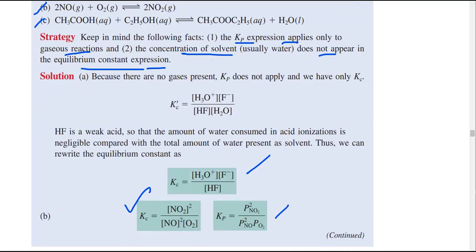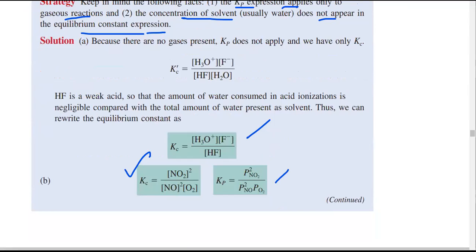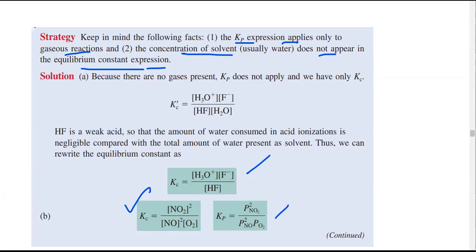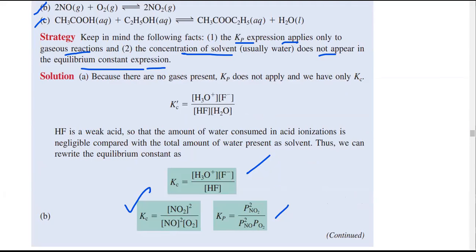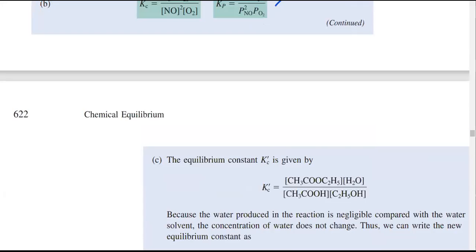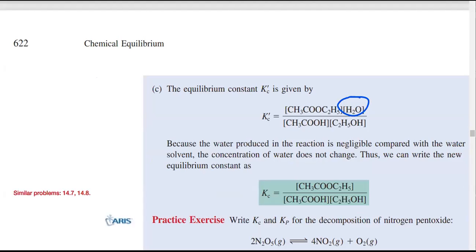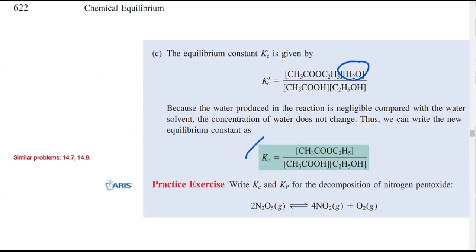If you express it with partial pressures, it is the partial pressure of NO2 squared divided by the partial pressure of NO squared times the partial pressure of O2. This is Kp for the second equation. The third equation is the esterification equation. In that case, water can be omitted. Once we omit water in Kc prime, we get the equilibrium constant.